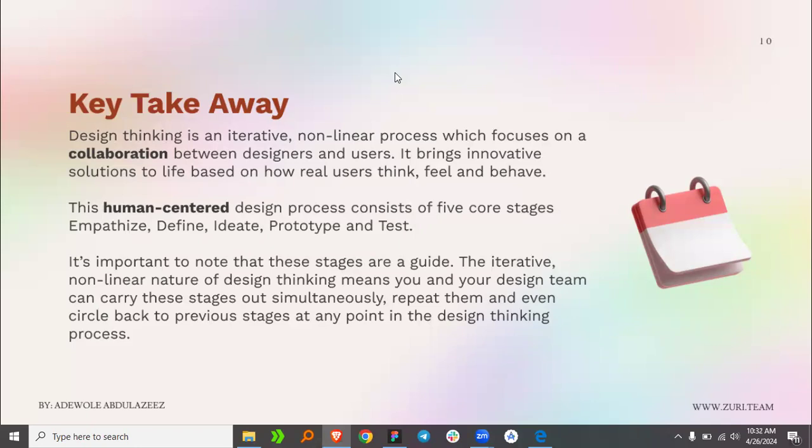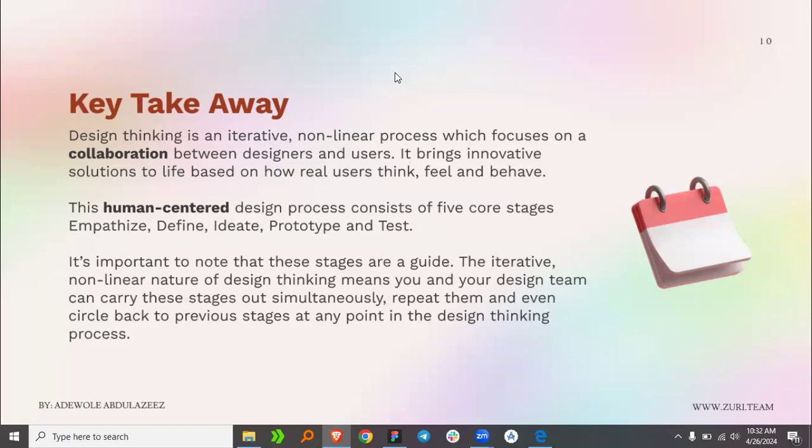So moving on now. They said this human-centered design process consists of 5 core stages: empathize, define, ideate, prototype, and test. It's important to note that these stages are a guide. The iterative, nonlinear nature of design thinking means you and your design team can carry these stages out simultaneously, then repeat them and even circle back to previous stages at any point in the design thinking process.